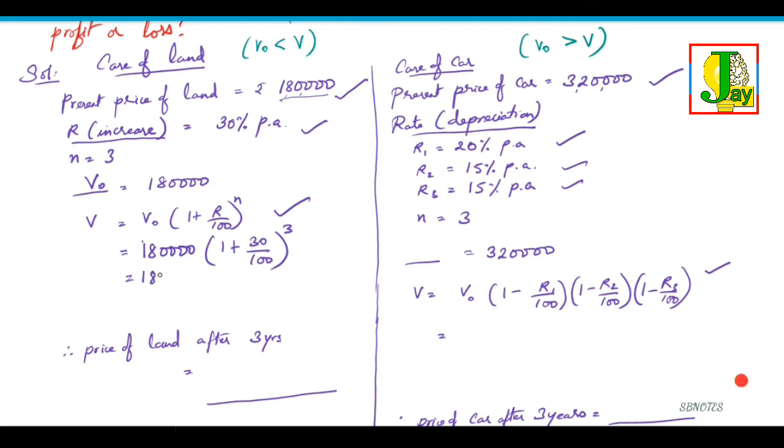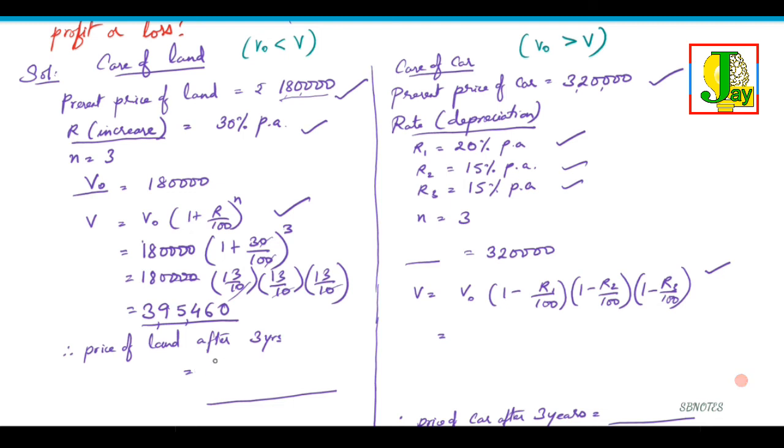So we get 1,80,000 into 13 by 10, 3 times. We can cancel 3 zeros, and we get 3,95,460.